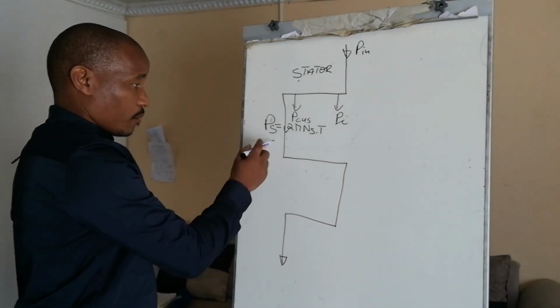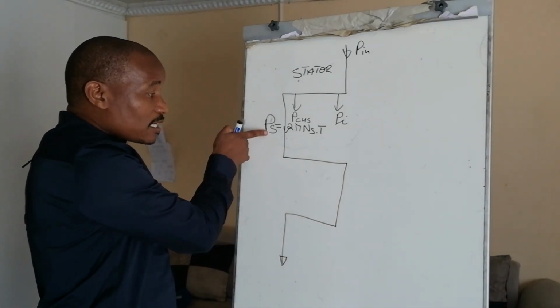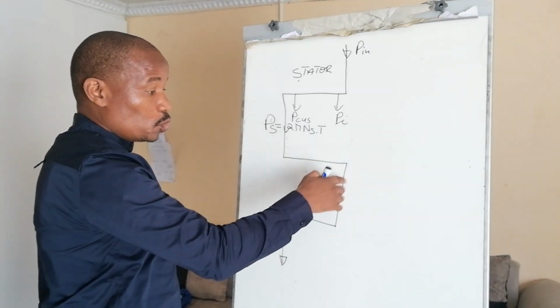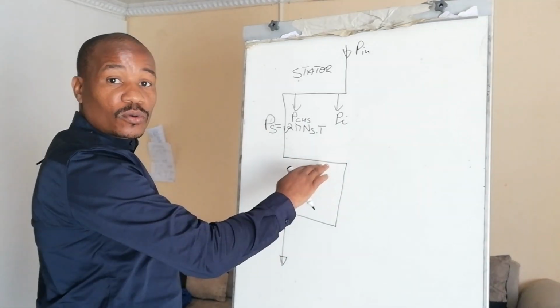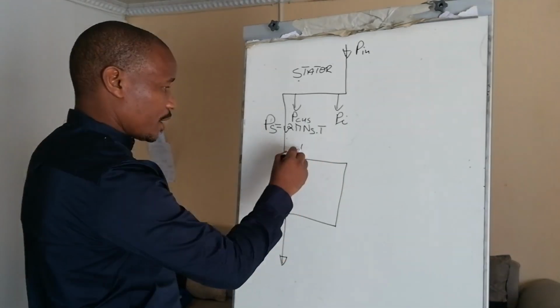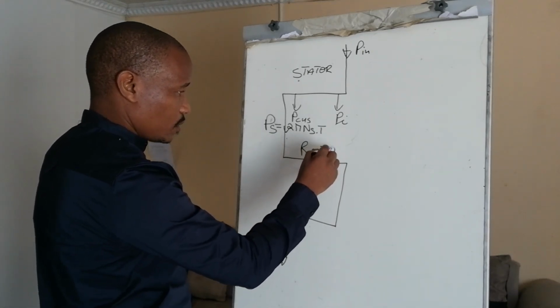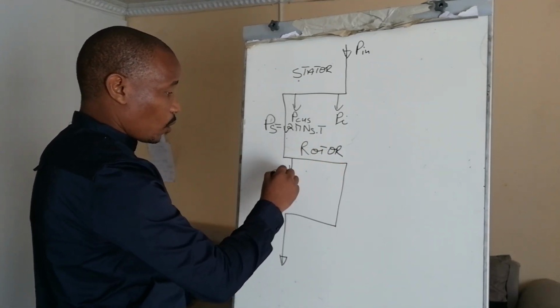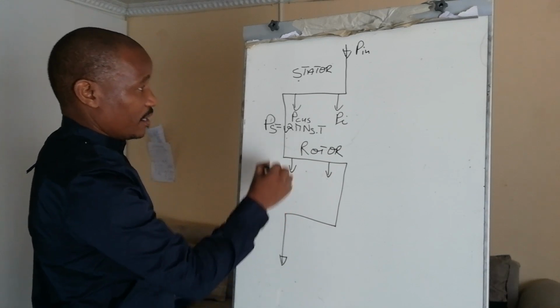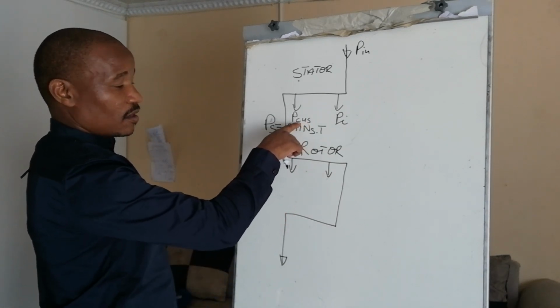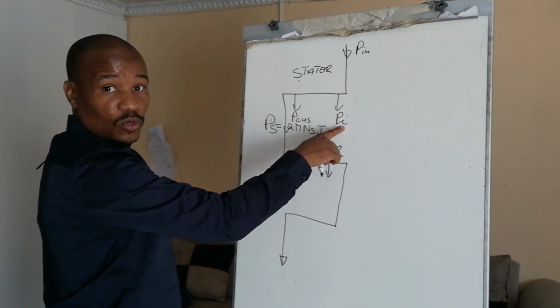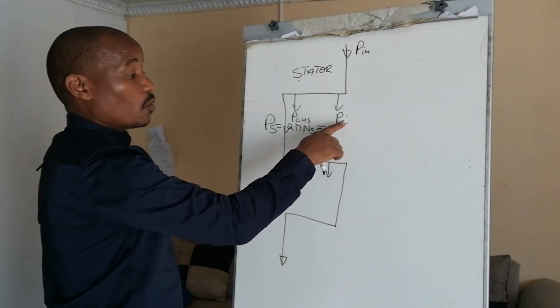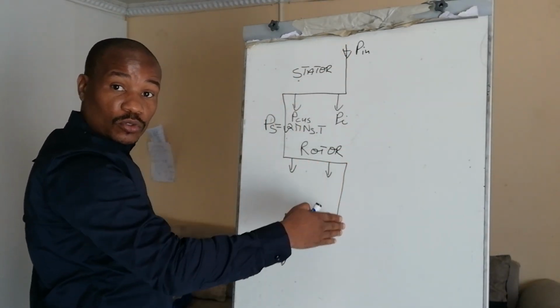Now, as this synchronous power passes through to the rotor, we've got losses as well. This is the rotor, and there are losses happening there. We've got the stator copper losses and the iron losses, which are constant throughout.